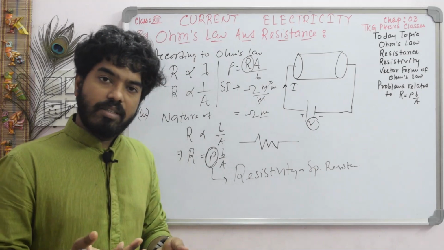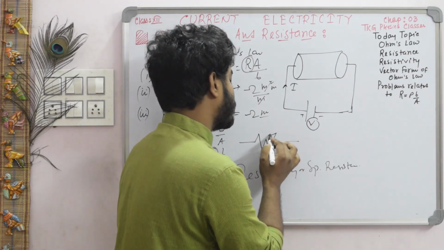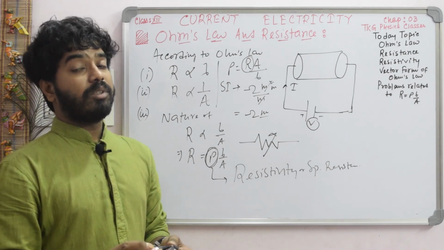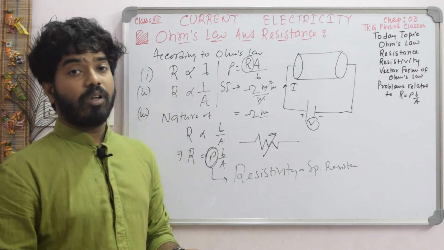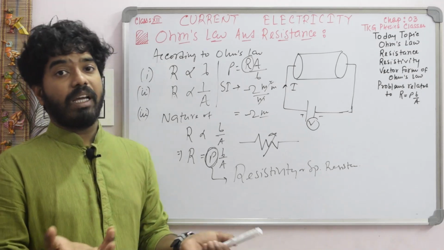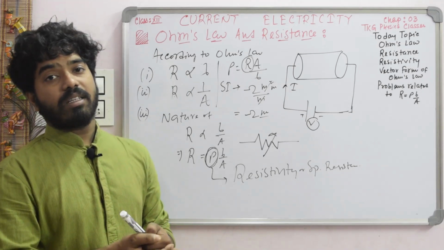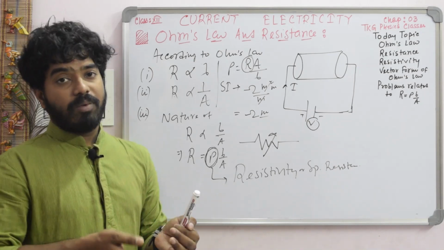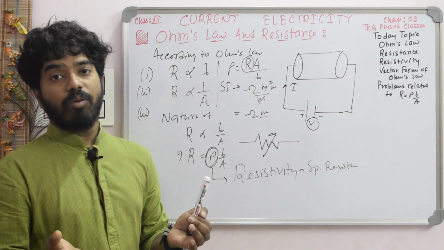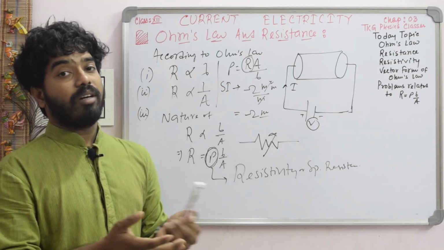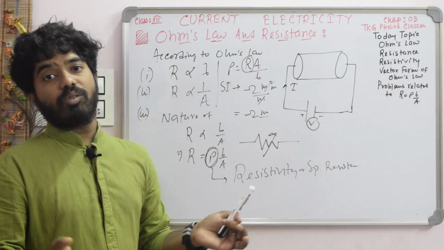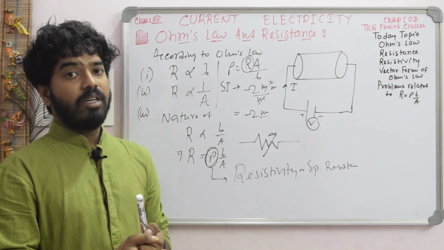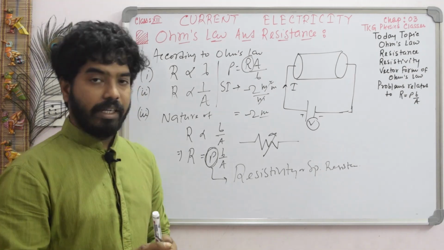This is the fixed resistor, but if we draw it this way, this represents a variable resistor. According to Ohm's law, resistors are of two types, ohmic and non-ohmic. Ohmic resistors obey Ohm's law, so the V-I graph will be a straight line. Non-ohmic resistors don't obey Ohm's law, so the graph is not a straight line and does not pass through the origin, like semiconductor devices, PN junction diode, solar cell, LED, etc.